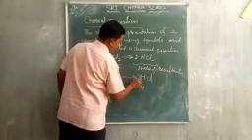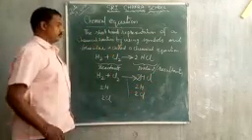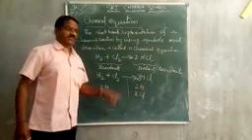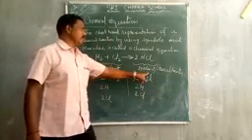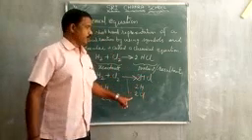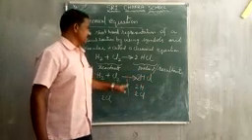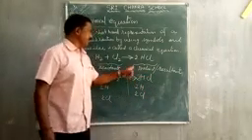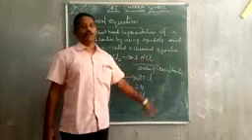Here, 2 chlorines. 2H, 2Cl, 2Cl. So, according to the law of conservation of matter, the number of atoms of reactants must be equal to the number of atoms of products. Therefore, I have written 2 before HCl, hydrogen chloride.